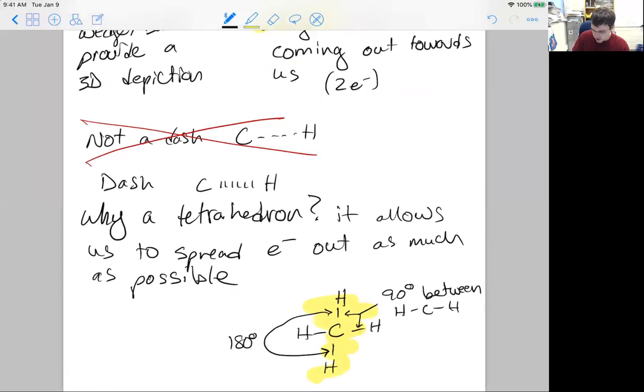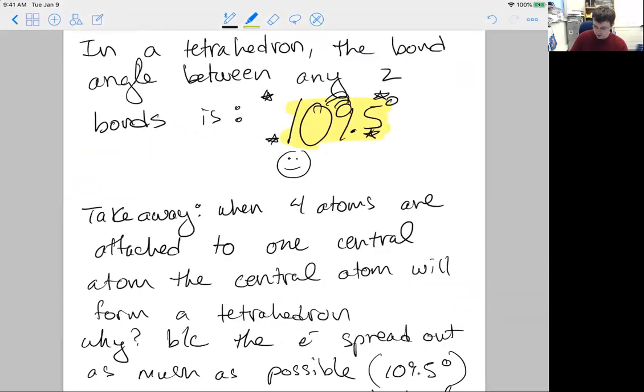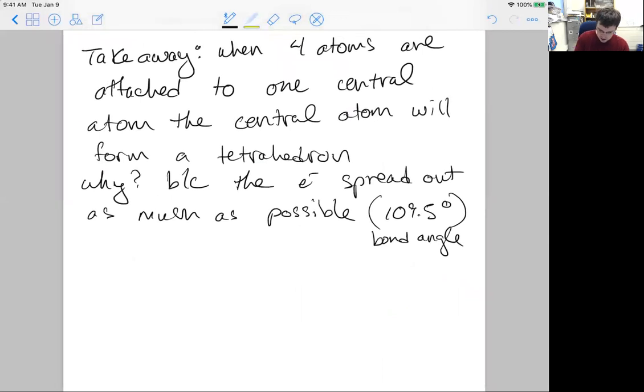But there are too many instances where there's 90 degrees. So this isn't an effective approach to drawing methane. Instead, we want to use the tetrahedron because the tetrahedron gets us to the number that everybody's going to want you to know, and that is 109.5 degrees.